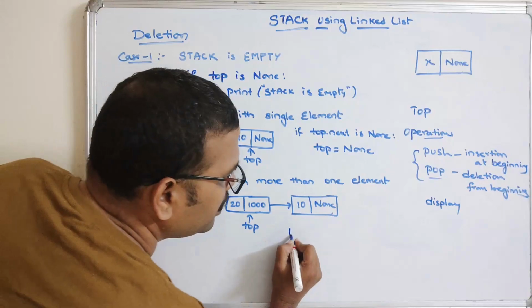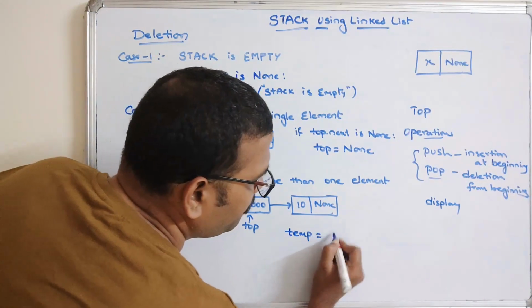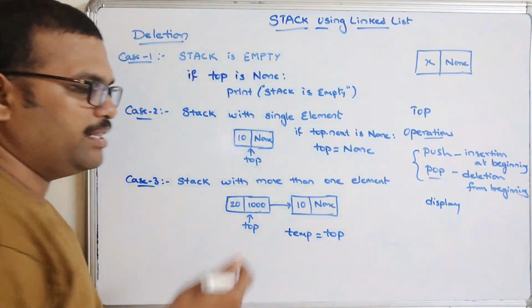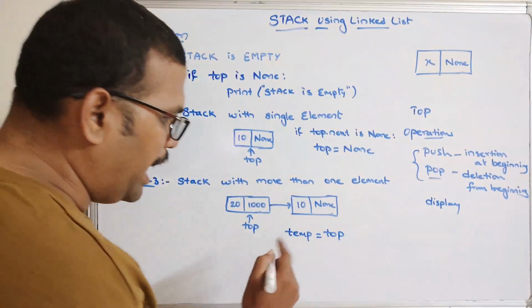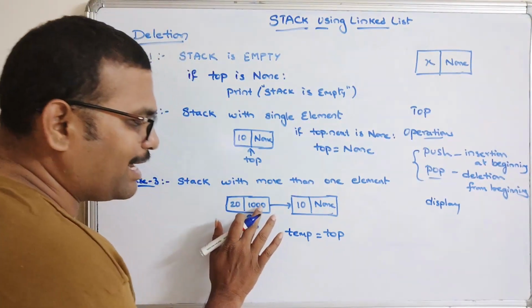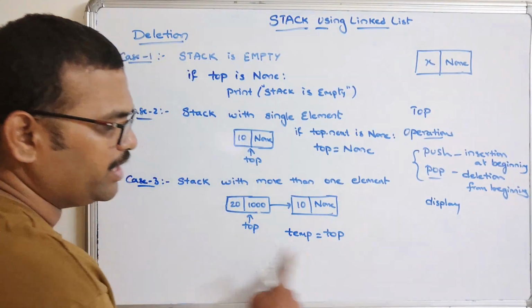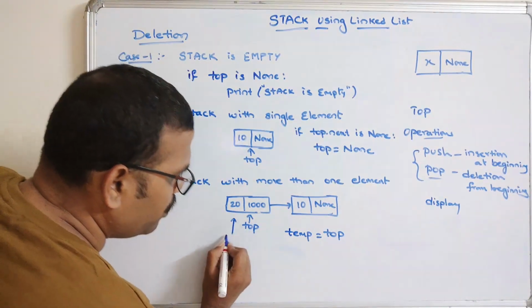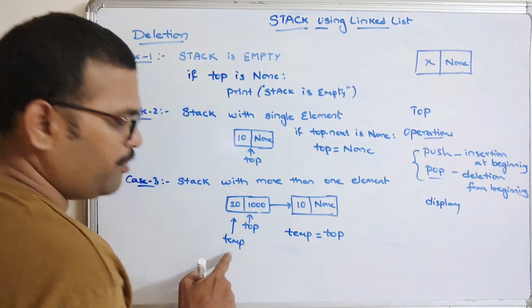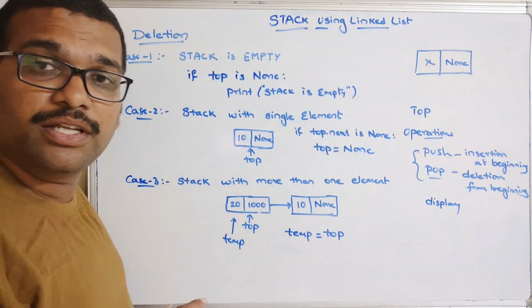For this, just assign a temporary variable. Assign the top to the temporary variable, and now you can disconnect the connection. After executing this statement, temp is also pointing towards the first node.